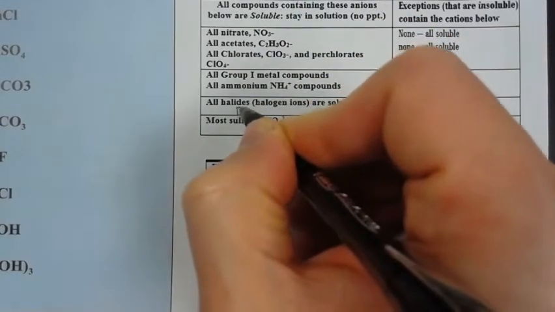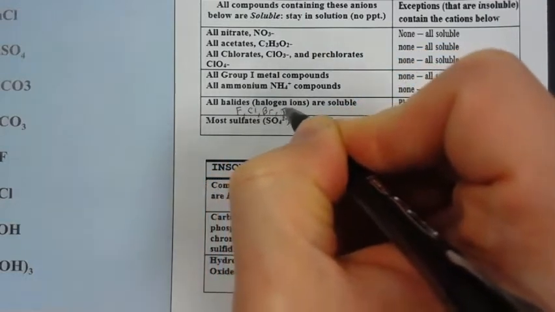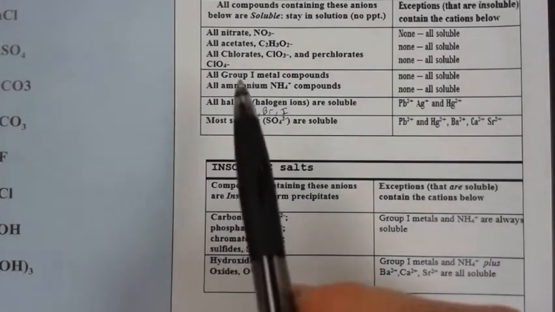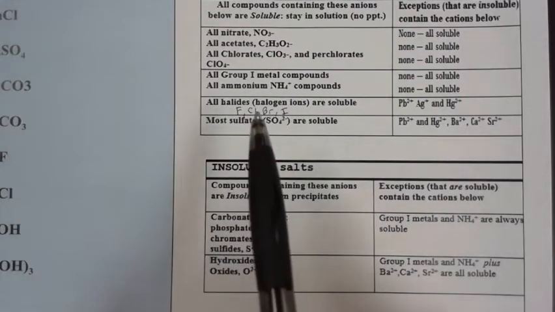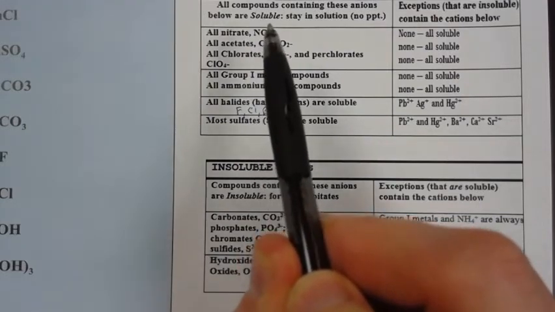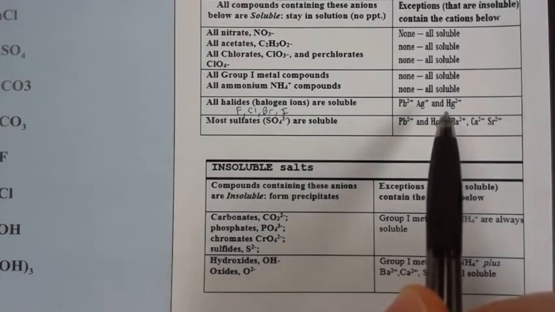So that's your fluorine, chlorine, bromine, and iodine. Essentially, any compound that has fluorine, chlorine, bromine, or iodine is going to be soluble unless they're bonded to lead, silver, or mercury.